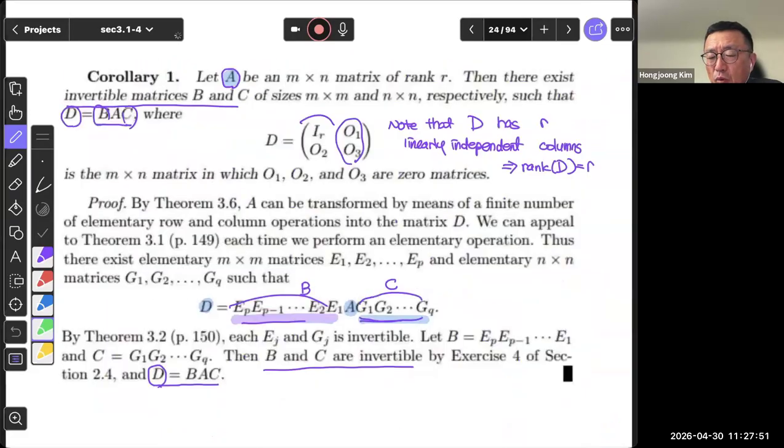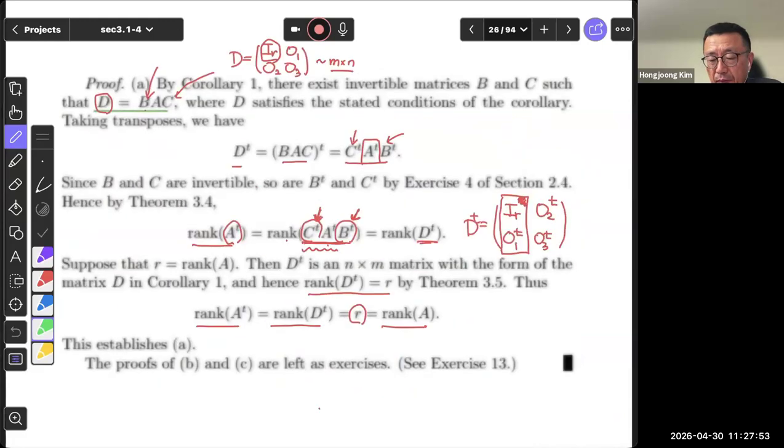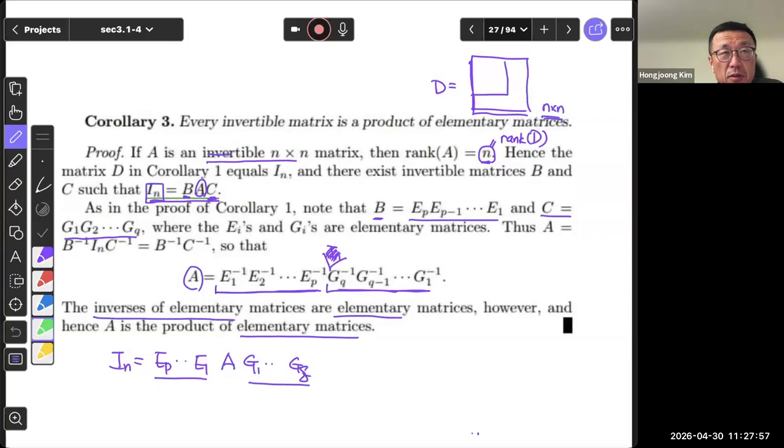In other words, I do not need these column operations, right? So if A were an n by n invertible matrix, then actually I do not need these. Okay? But anyway, if I use the previous results, then at this point, I might need G1 inverse up to Gq inverse.